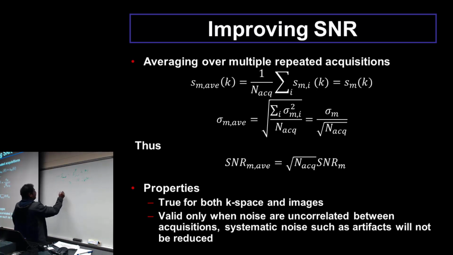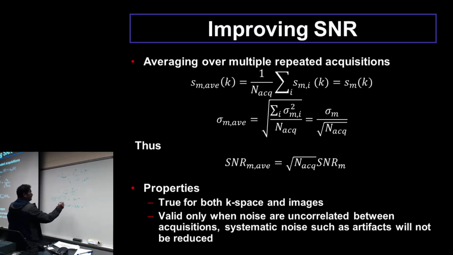Now if you look at the noise, the noise variances also get added up in quadrature. So if all the noise variances are the same, meaning that sigma 1 squared is equal to sigma 2 squared and so on, then this becomes n sigma squared, and sigma net becomes square root of n times sigma.